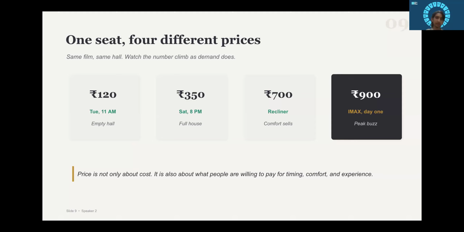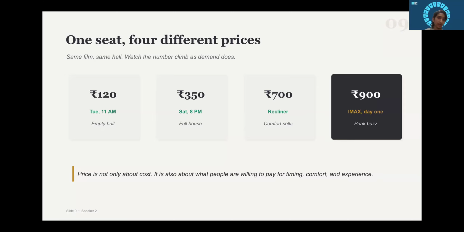Now, let's bring this back to something very concrete. If there are four seats in the same theater to watch the exact same movie, but all four are priced completely differently. For example, on a Tuesday weekday in the early morning, which is an inconvenient time, it would cost only 120 rupees and the hall would be empty.